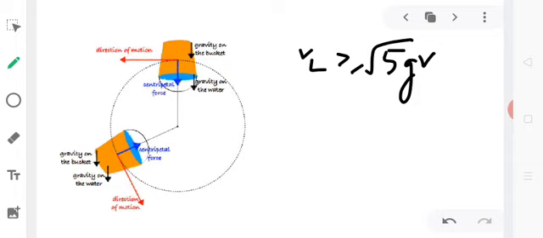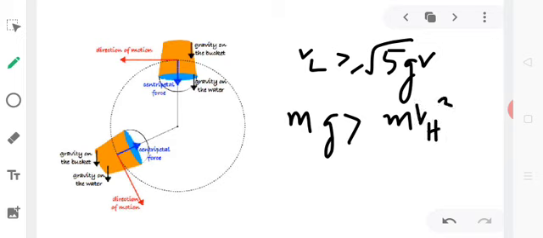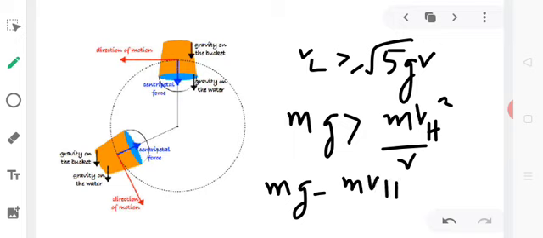If the bucket is whirled slowly so that mg is greater than m Vh square by r, where H is the highest point, then a part of the weight shall provide the necessary centripetal force, that is m Vh square by r, and the rest of the weight of the water, that is mg minus m Vh square by r, causes some water to accelerate downwards and spill. Only this much water shall leave the bucket.